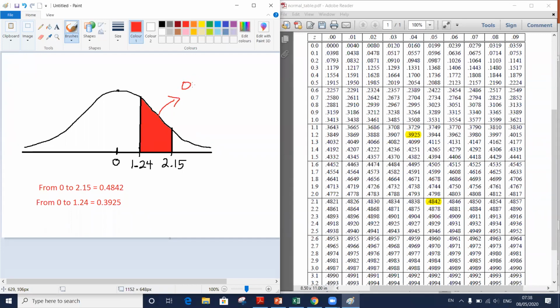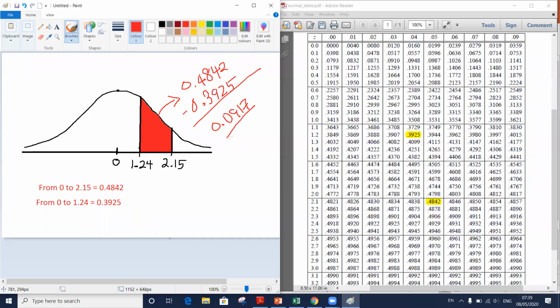From 0.4842, we need to deduct 0.3925. What should be the answer? 0.0917. This should be the answer.